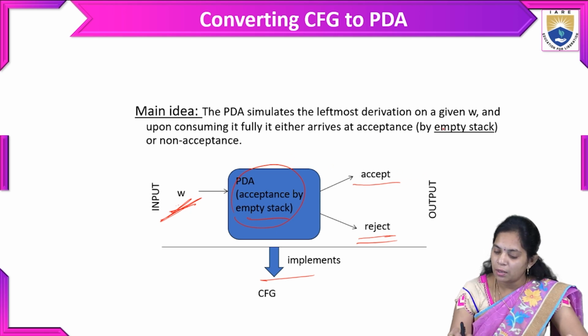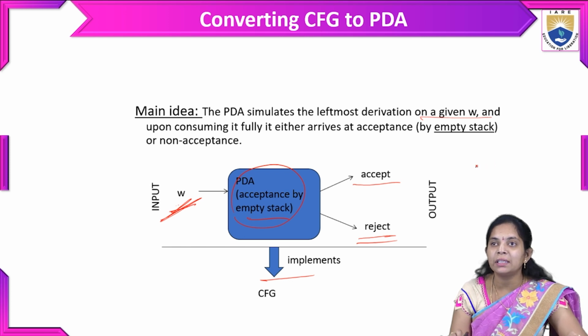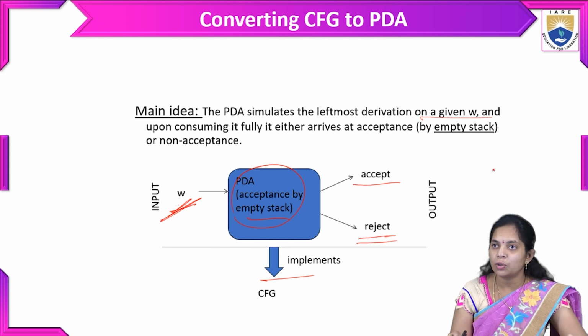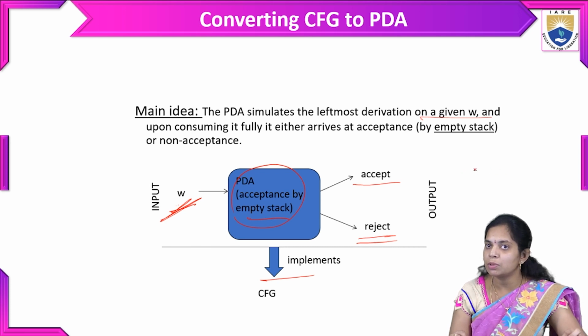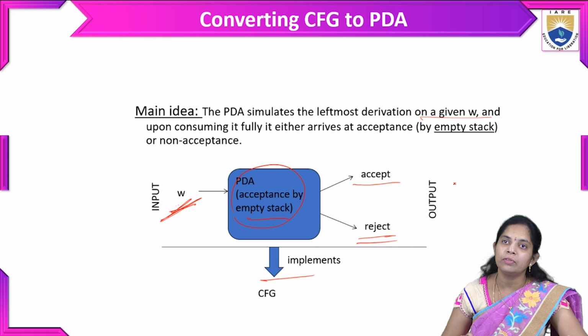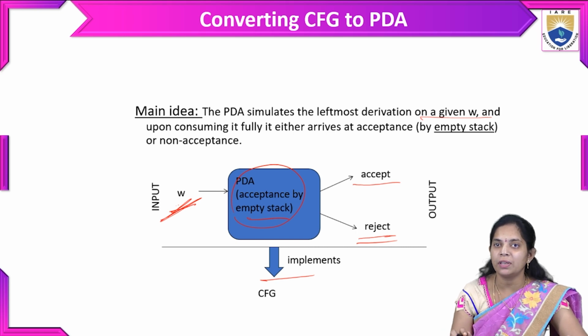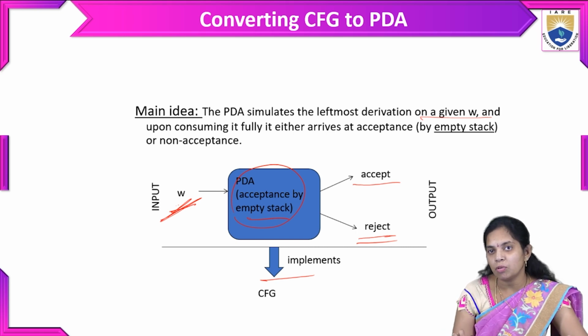Given W, upon consuming it fully, it either arrives at acceptance by empty stack, or non-acceptance. So these are the two types. Of the two, we will take one acceptance PDA, and based on that, we can construct a context-free grammar from the given pushdown automata.